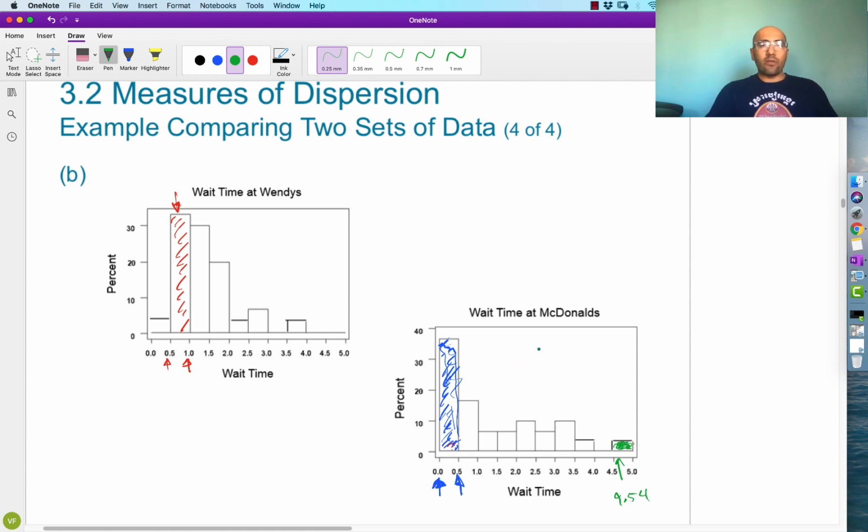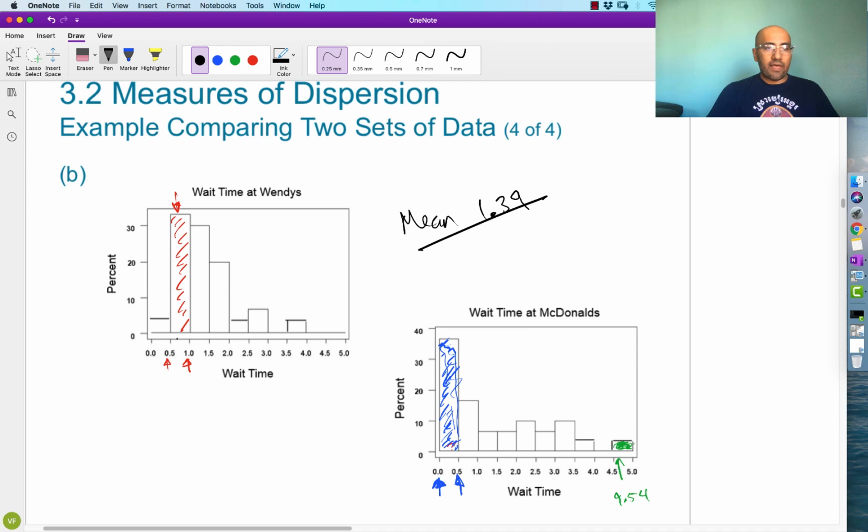Okay, so even though they both have the exact same mean, a mean of 1.39 minutes, we can tell from the distribution that they're a little bit different, so we need another way of describing the distribution of this data, right? To me, it looks like the Wendy's data is a little bit more clumped up around here.